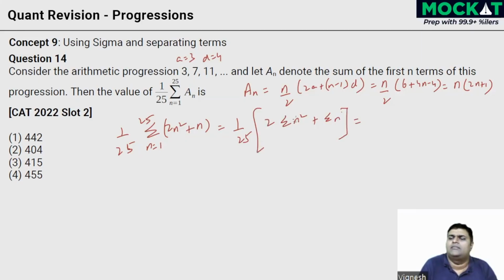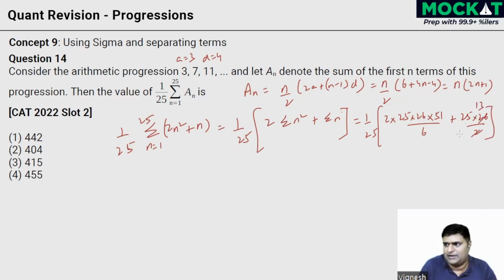Now n is 1 to 25. I can directly plug in the formula: 1 by 25 into 2 into n into n plus 1 into 2n plus 1 by 6. So 25 is n, means 25 into 25 plus 1 into 2n plus 1, that's 51 by 6, plus sigma n into n plus 1 by 2, 25 into 26 by 2 over here.